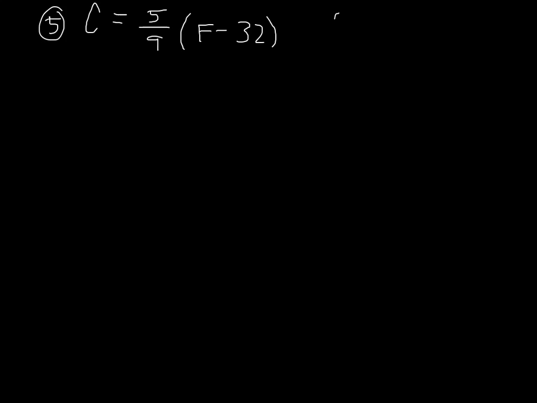And of course, they want us to solve for F. Whenever you see something like this, you automatically think, first I have to distribute that 5/9. But honestly, it's not true. I can just divide both sides by 5/9 and get rid of those parentheses.